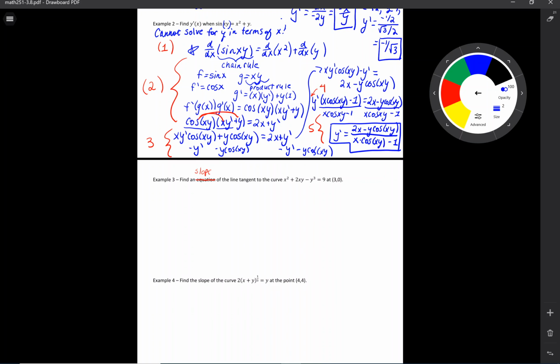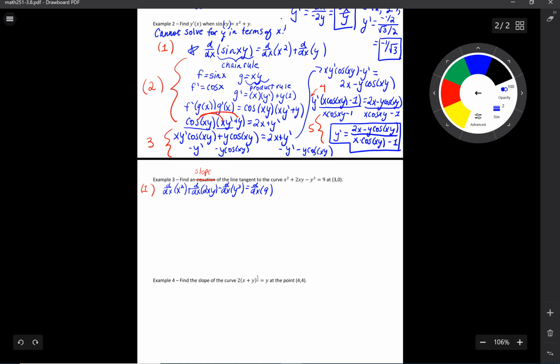My first step is to take the derivative of everything on both sides. Very important to do both sides, otherwise you'll end up with a constant where you don't actually have one. All right, this is my first step.